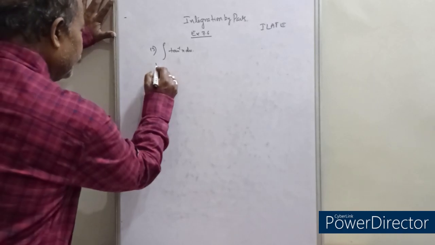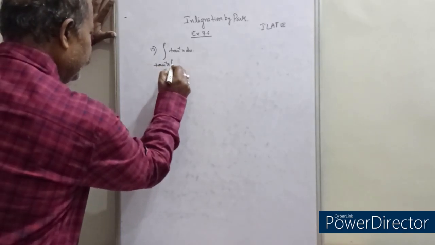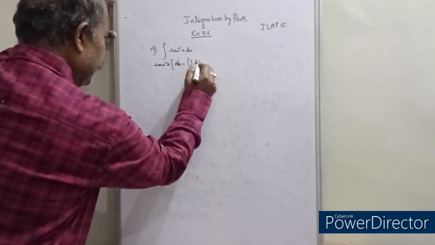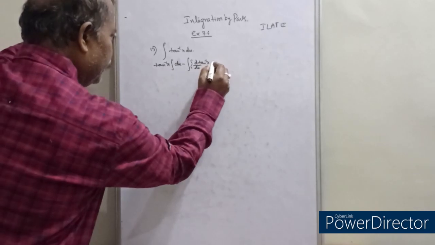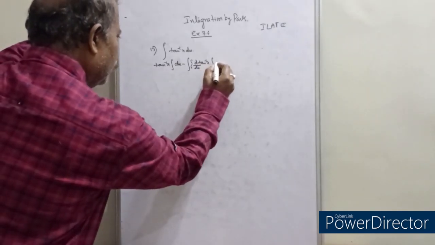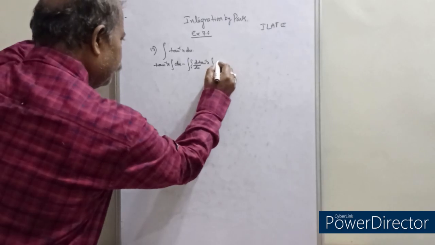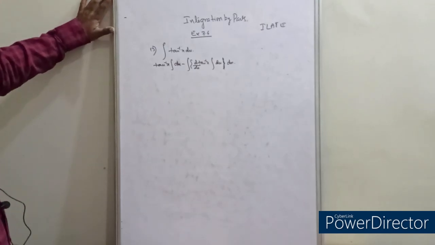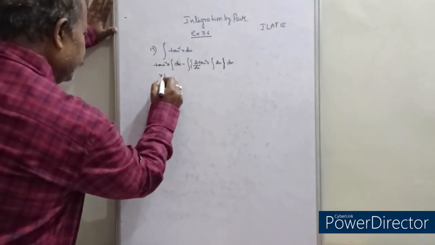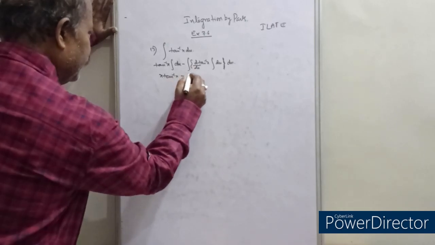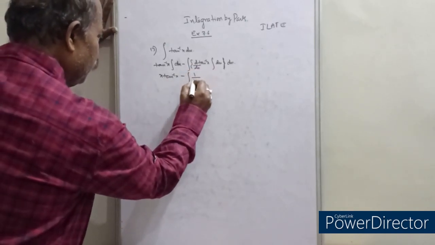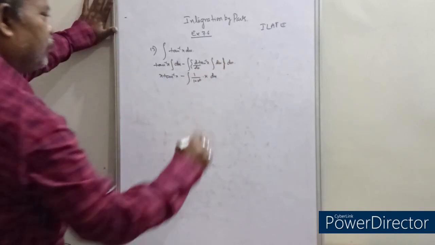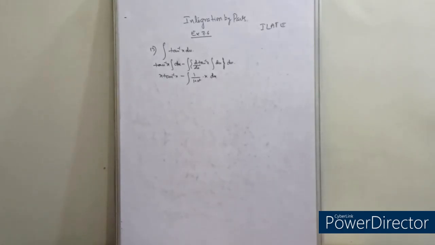So this will be tan inverse x integration dx minus, open bracket, differentiation of tan inverse x and integration of second function, closed, dx. So this will be x tan inverse x minus differentiation of tan inverse x, which is 1 by 1 plus x square, into x and then dx, because integration of dx is x.